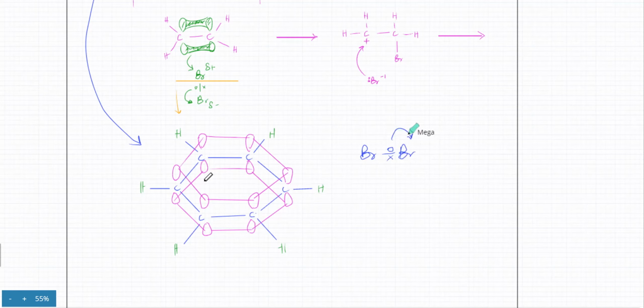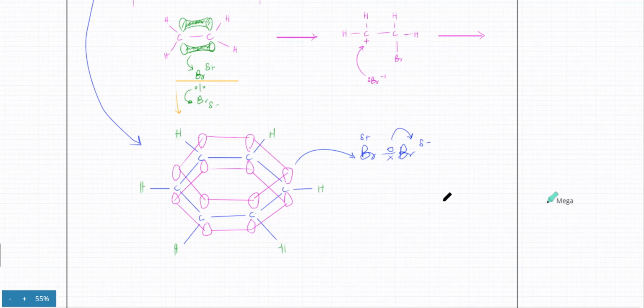So why would it be polarized? Because the electrons in this pi electron cloud are going to repel it. And there's going to be a very small partial negative charge, a small positive charge developing on it. And the positive bromine would be attracted to the electrons from the pi electron cloud. Exactly the same way as alkene was doing it.